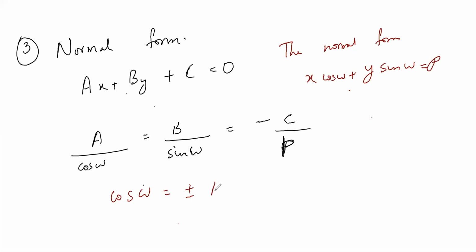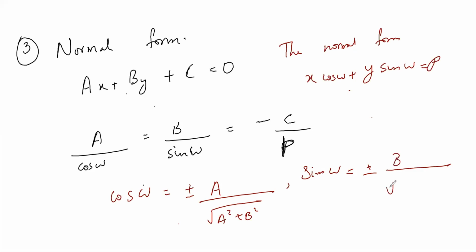Plus or minus a by root of a square plus b square. Sin omega, instead of a, b will come, that's it. Plus or minus b by root of a square plus b square. And p, that is a constant obviously, that is my plus or minus c by root of a square plus b square.